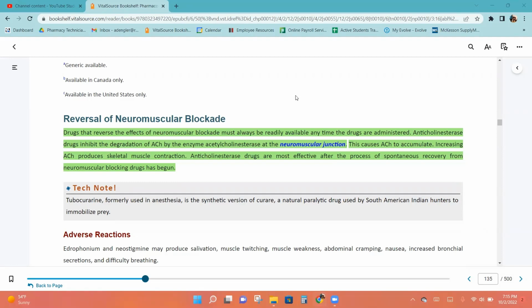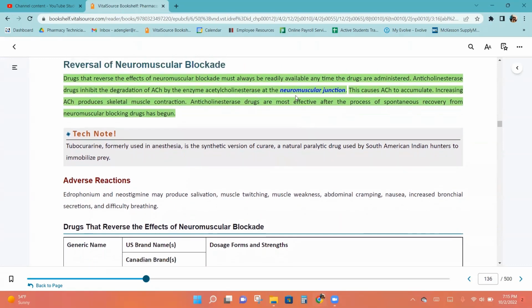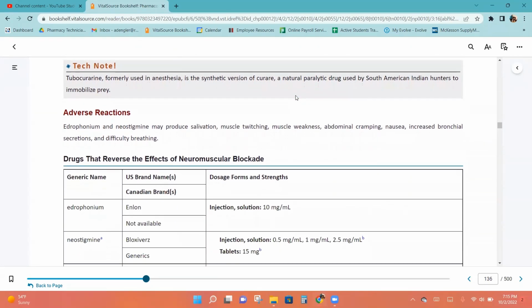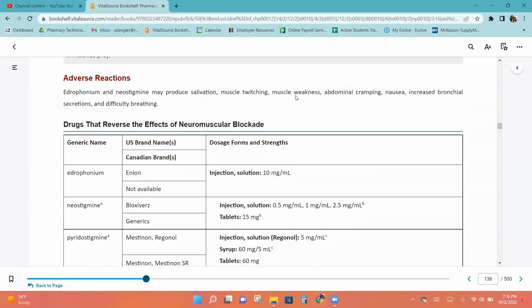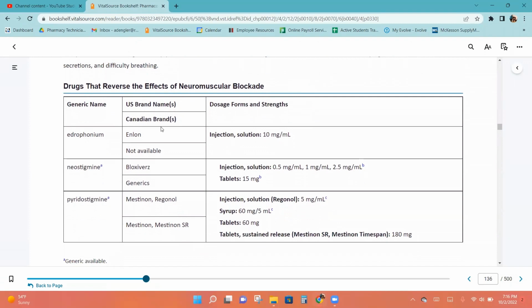Increasing ACH produces a skeletal muscle contraction, and anticholinesterase drugs are most effective after the process of spontaneous recovery from neuromuscular blocking drugs has begun. So we have drugs that reverse the effects of the neuromuscular blockade.